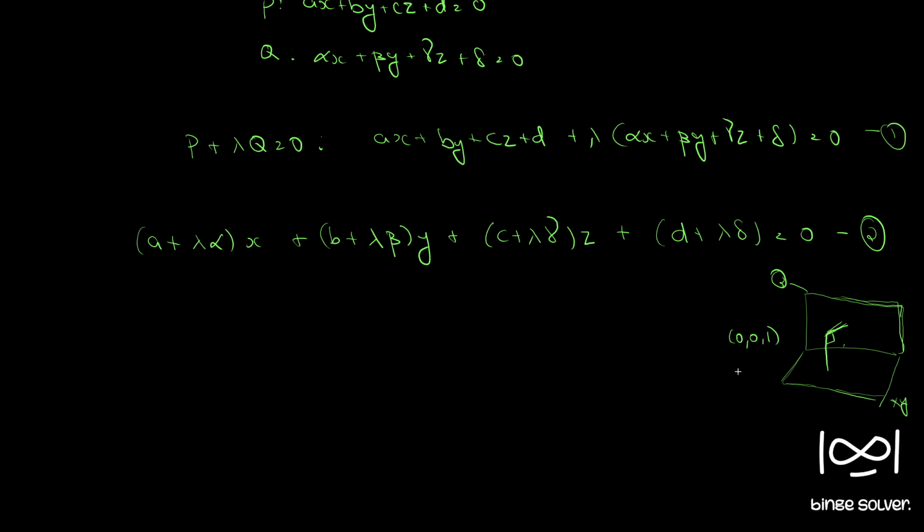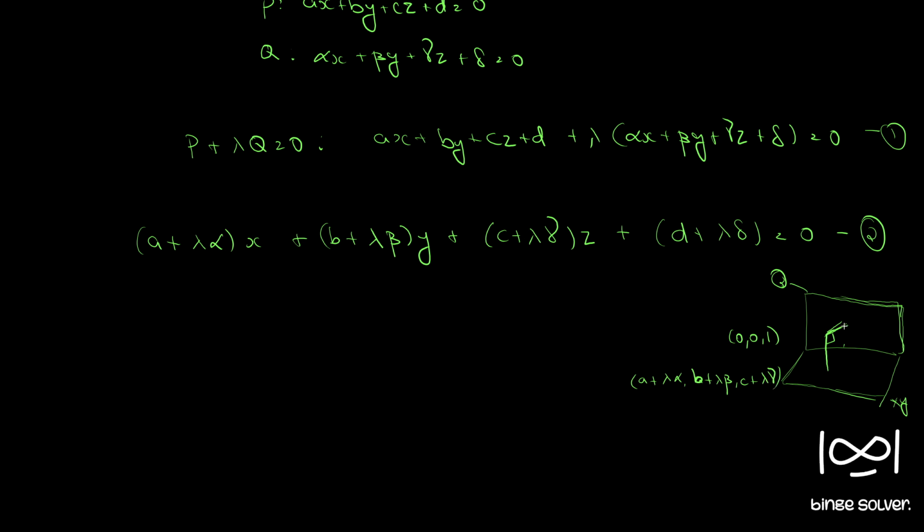And the normal to this plane we already know: a + lambda alpha, b + lambda beta, and c + lambda gamma.